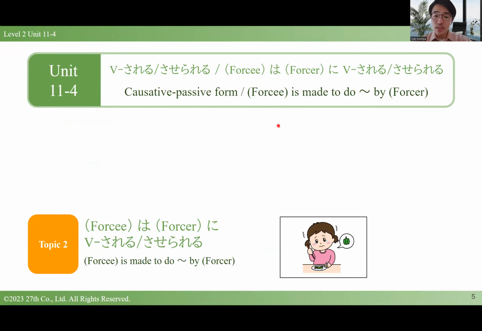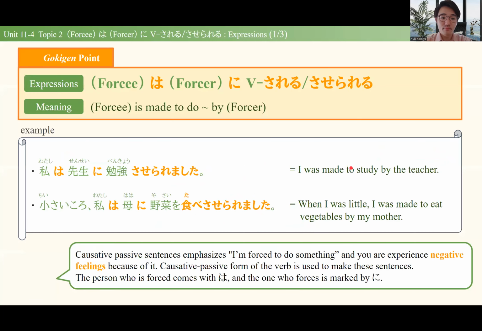All right. Now we're going to take that causative passive and actually use it in a sentence. There is a little rule to use it in a sentence. Here is the basic formula. This is passive, so the foresee, the person who is forced to do something, comes at the beginning. Foresee は forcer, the person who actually forces you to do. Forcer に causative passive.